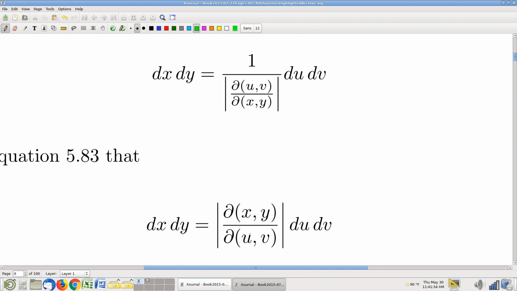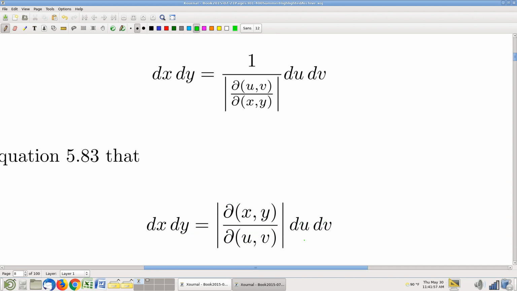I cringe a little bit inside when I do this, but it's as if those cancel to give me that. And again, oh my gosh, that's not a real cancellation. These aren't fractions, you can't do that. But you might call it a victimless crime.